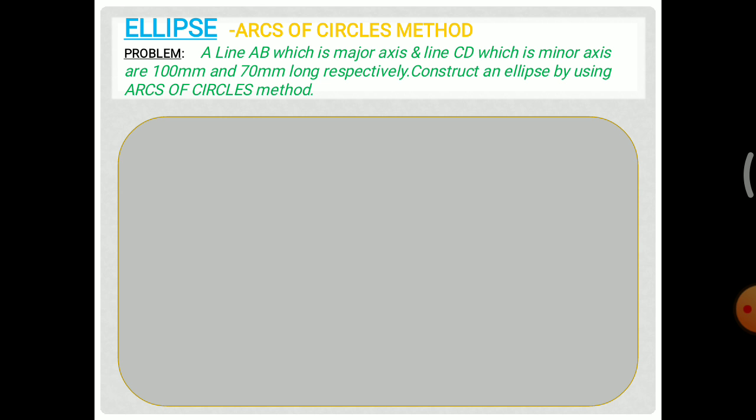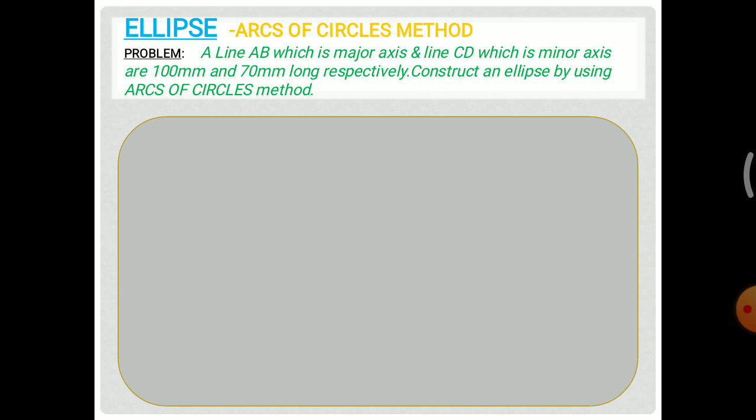So we are marking 2 points on the major axis line, that is the focus points. The plural form of focus is foci, F-O-C-I, foci. So we name it as F1 and F2. When they are giving a major axis and minor axis, we have to define the foci points.